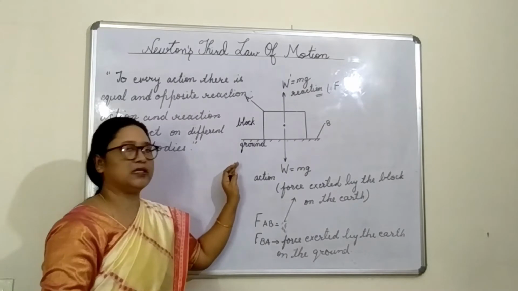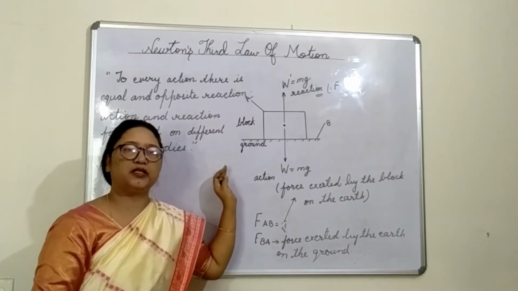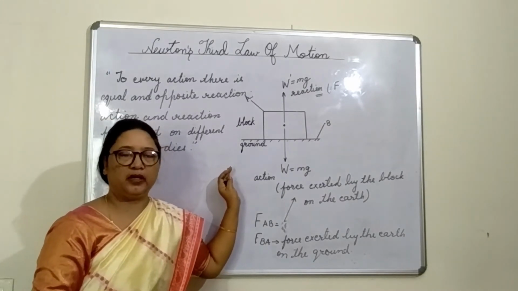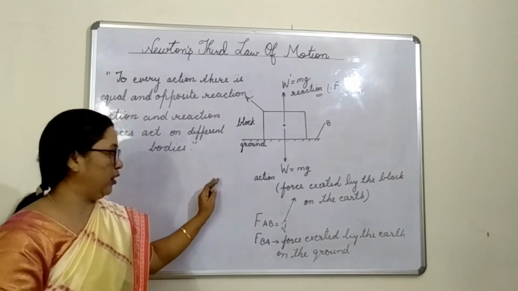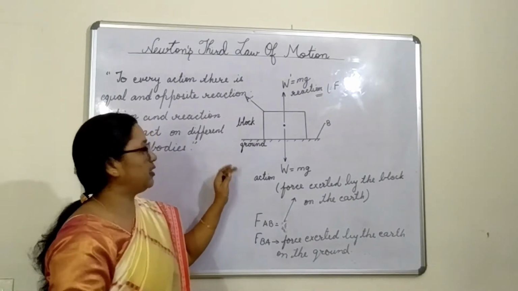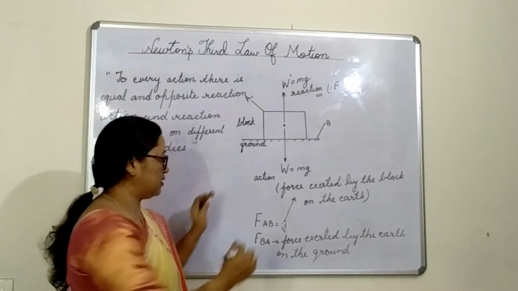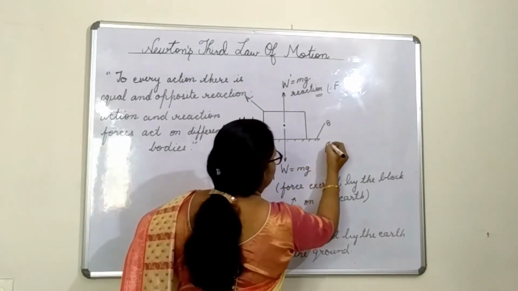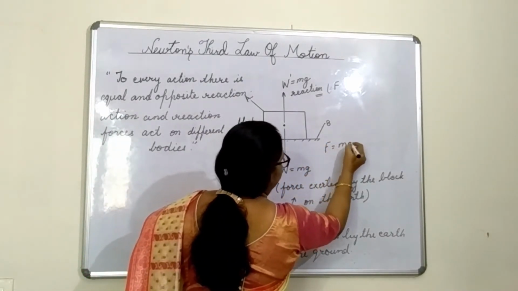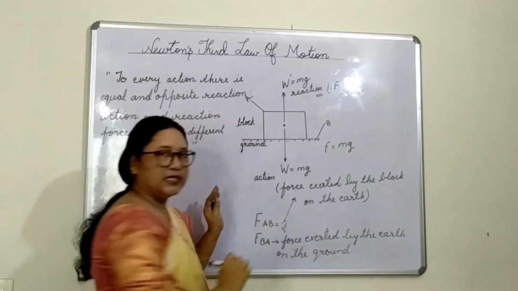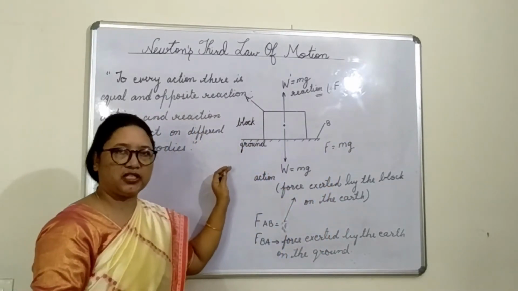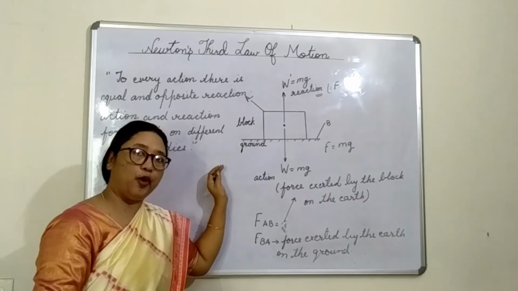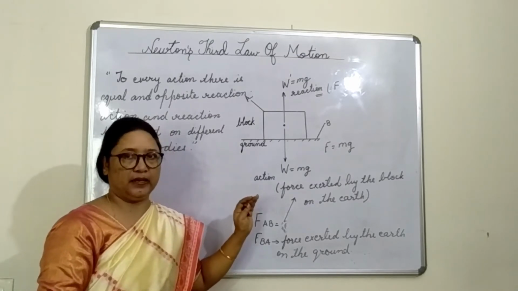So from this example, few points you should remember carefully. You should note it carefully. First thing, the action and reaction are the forces, where F is equal to mg. Second, action and reaction act on two bodies simultaneously.